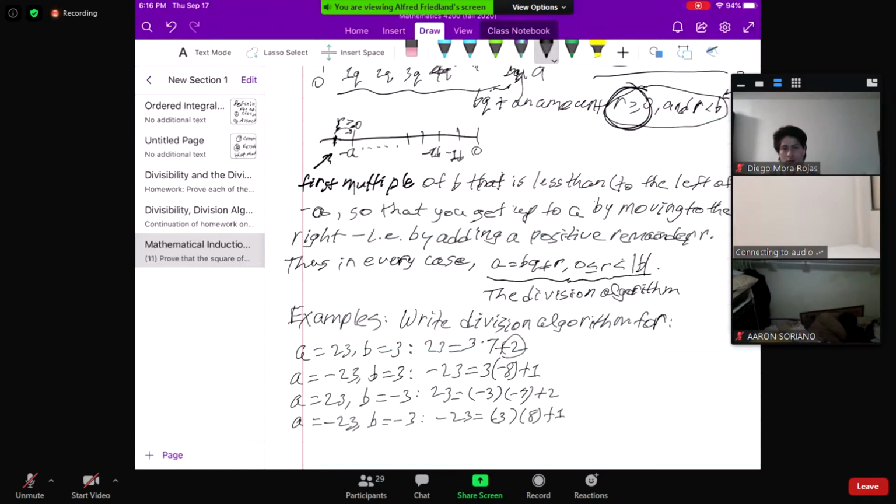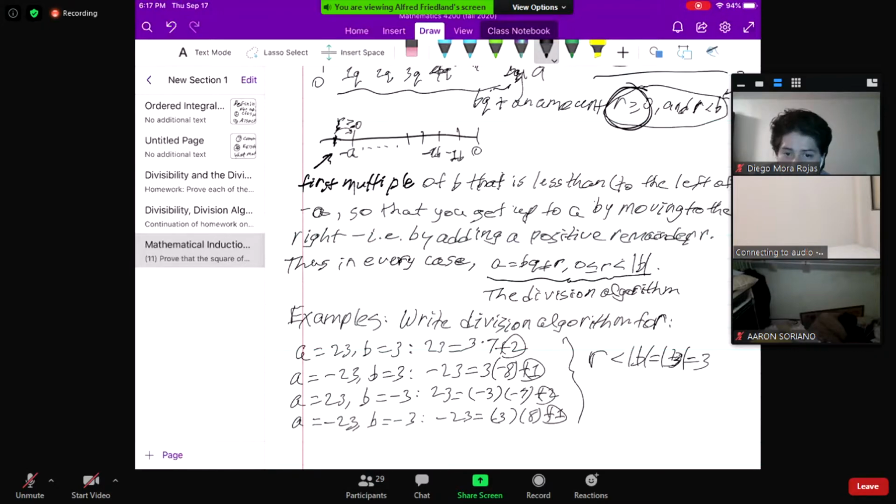So notice that in each case, R is strictly less than the absolute value of B, which is the absolute value of either positive or negative 3, depending on which it is, but the absolute value of positive or negative 3 is 3.